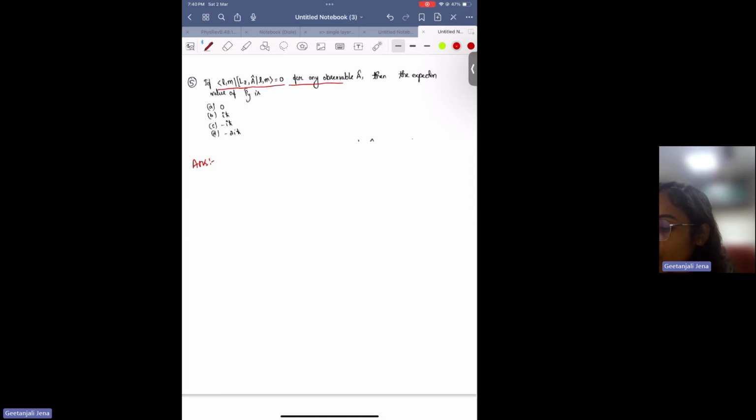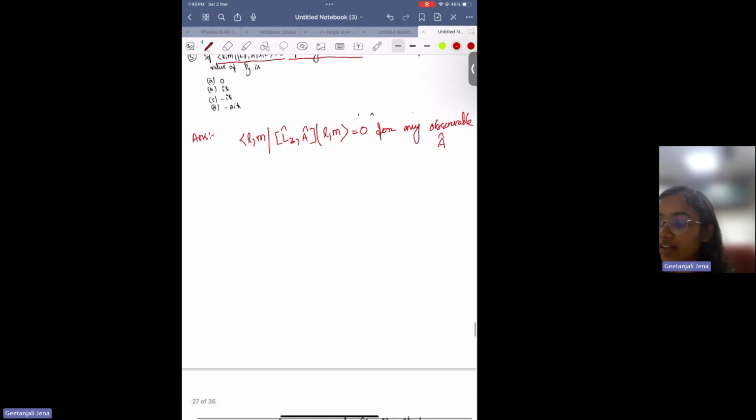Then for any observable A, it is given this relation, the commutator of Lz and A with Lm is 0. This is valid for any kind of observable.